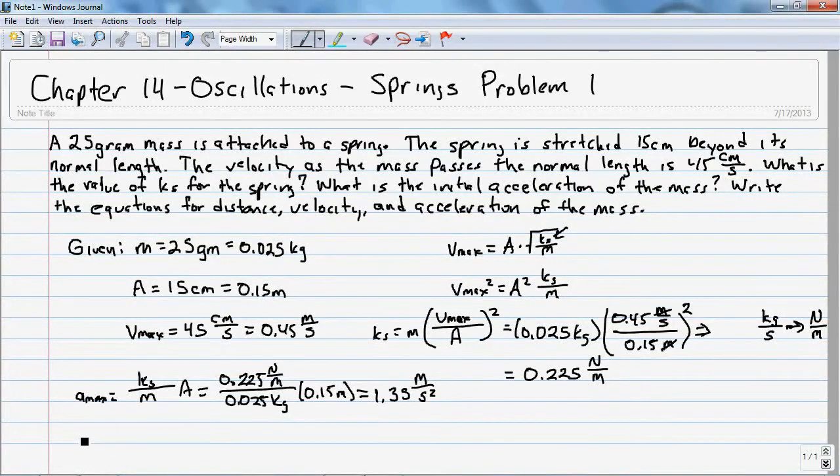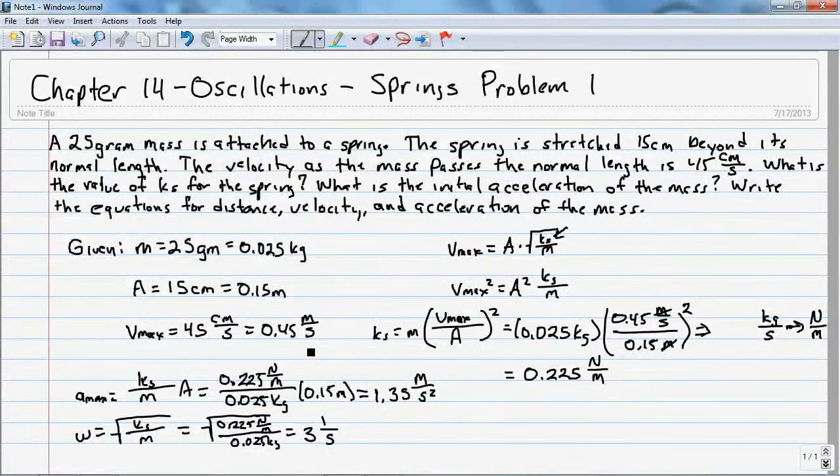And the other property that we need is omega, because we need that for the equations, and that's the square root of Ks of the spring over the mass, and that's just going to be equal to 3, and the units for omega are per second.